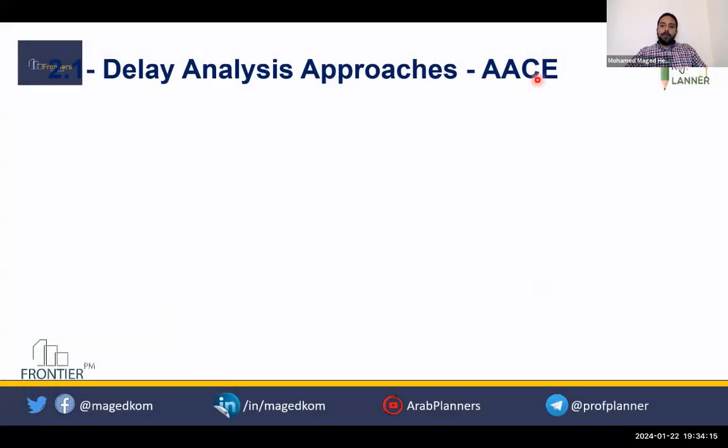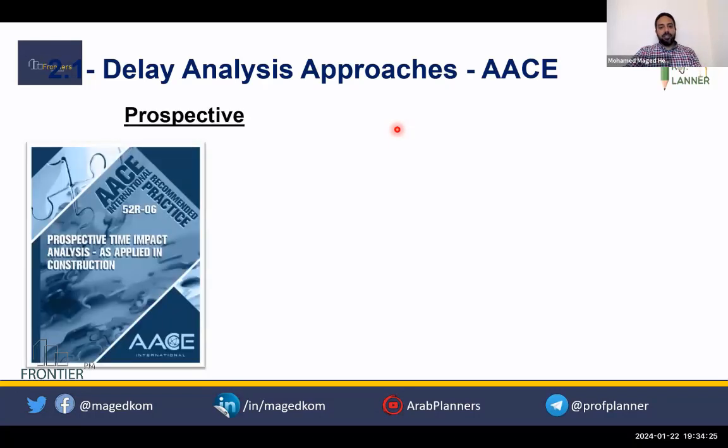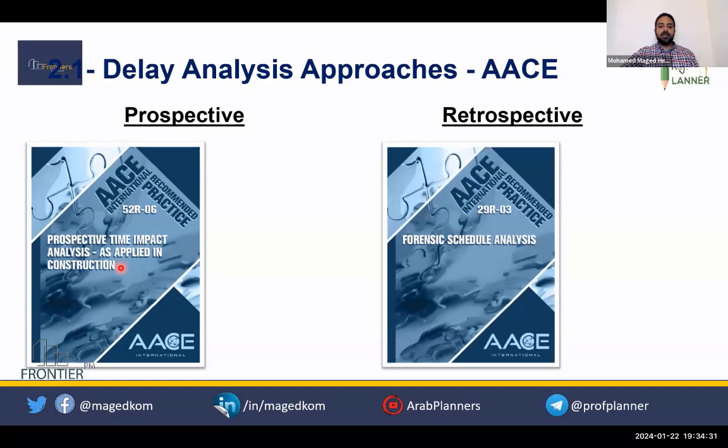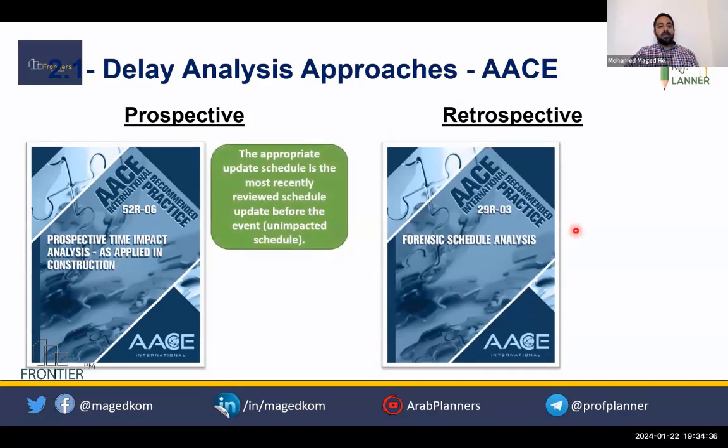How AACE classified these delay analysis approaches and why I consider it the most appropriate or the best classification in this regard. They classified it to prospective delay analysis, as we said, the time impact analysis, and retrospective forensic schedule analysis. The prospective has 8 steps.